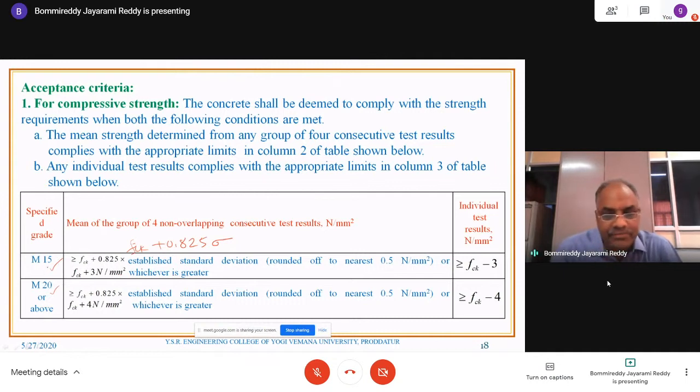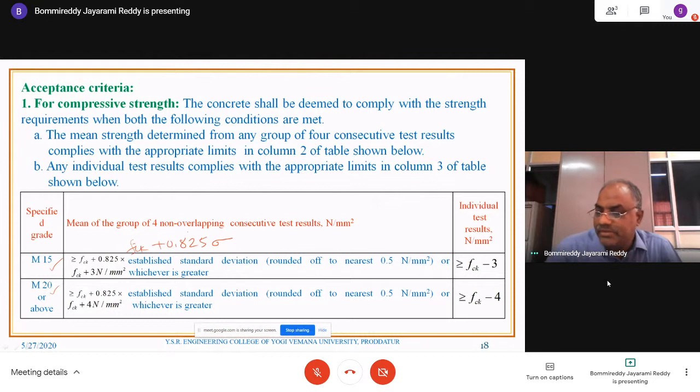This is for concrete of M15. For concrete of M20 and above, FCK is the same value, and FCK plus 4 Newton per mm square; consider the greater of these two.